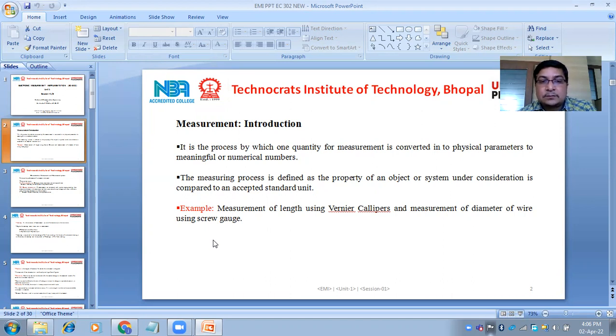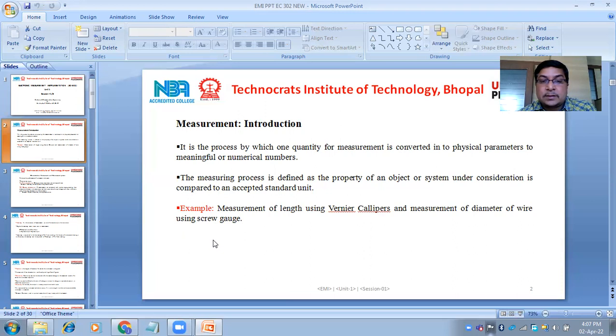If we want to measure voltage, we use a measuring instrument like a voltmeter, and the SI units for voltage are volt, millivolt, microvolt. Similarly, we can also measure current and other kinds of quantities. So these are some examples.